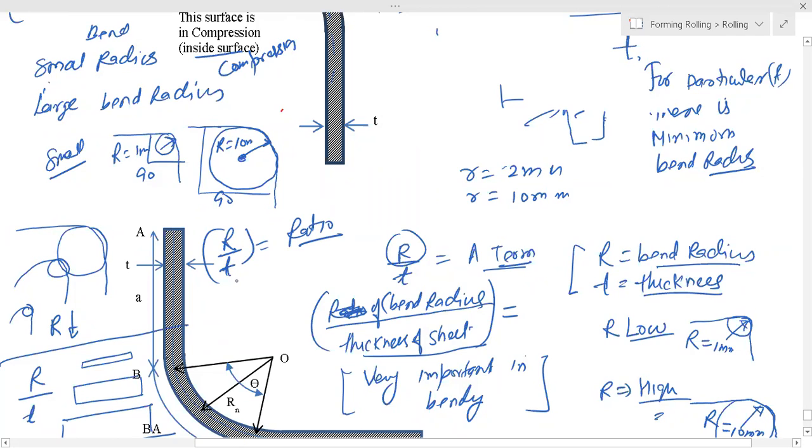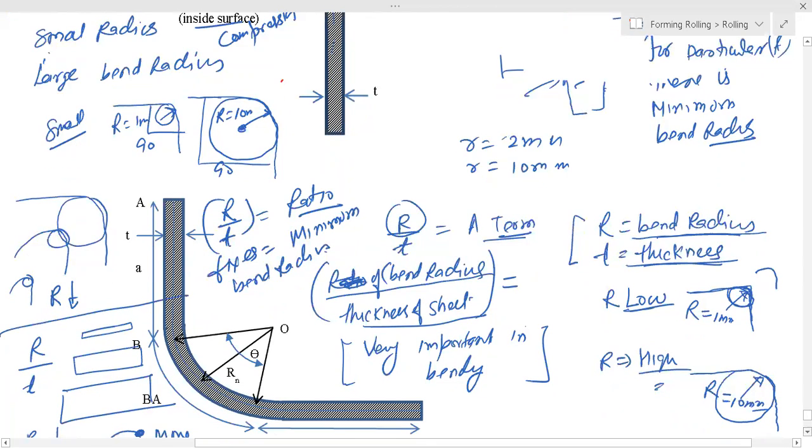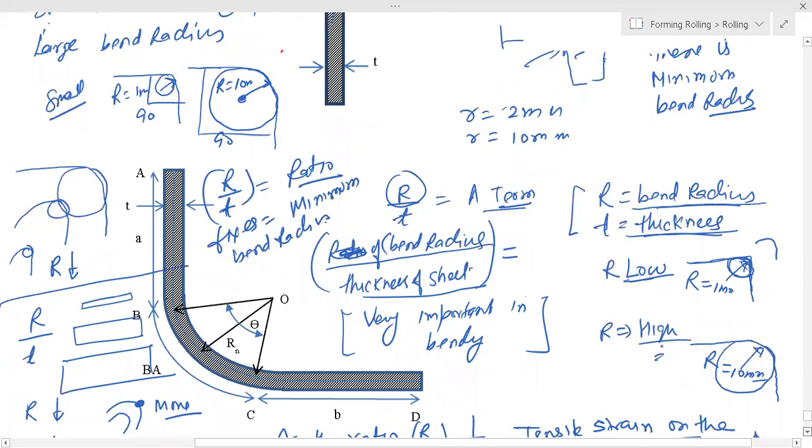And this ratio fixes the minimum bend radius. How does it fix it? A smaller radius means a sharp turn, and a large R means a bigger turn, a bigger radius.